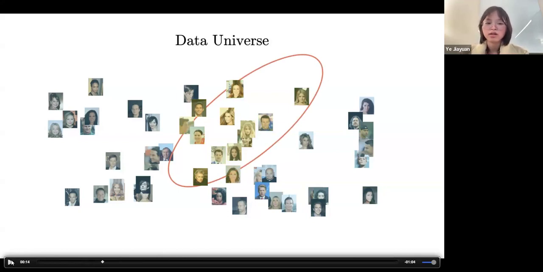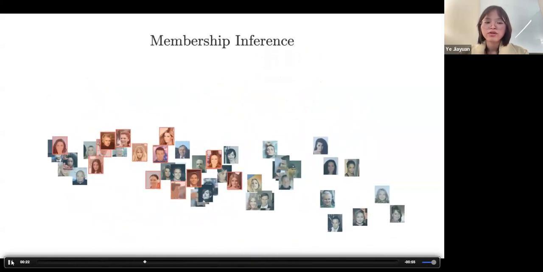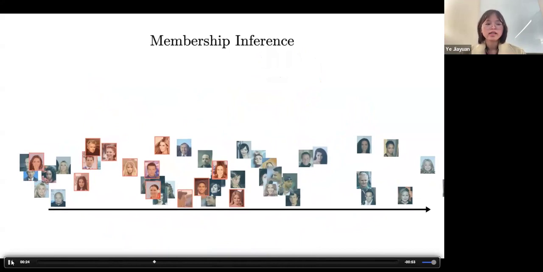It's unknown to the adversary. Then suppose we have a membership inference attack that can access this trained model. What it does is give you a score that indicates how likely the attacker thinks each image is a member of the training data set.